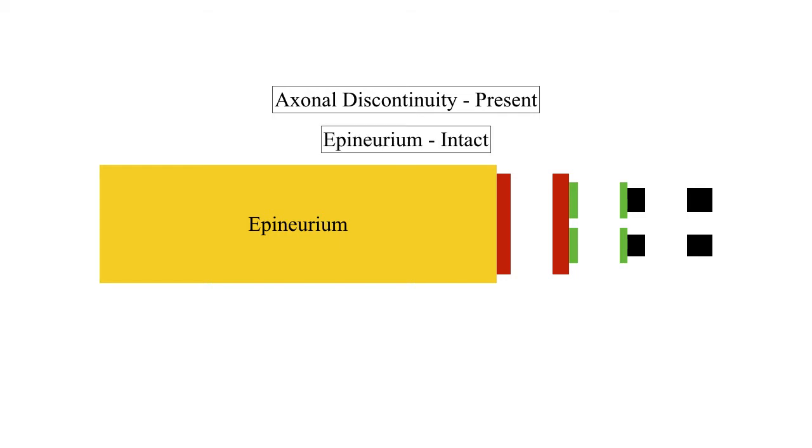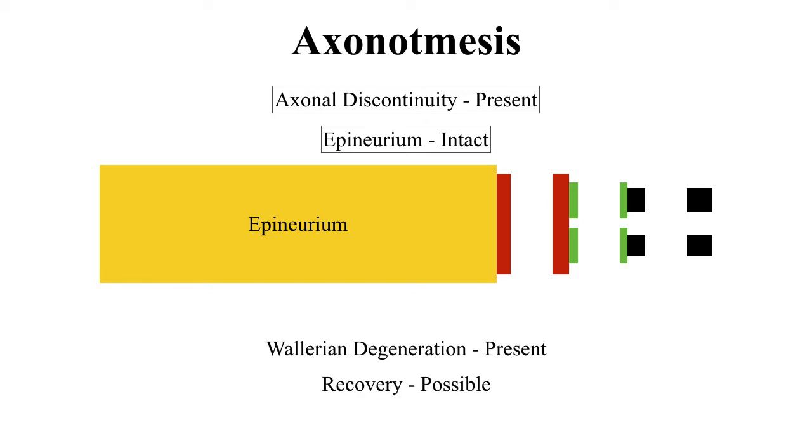So this type of nerve injury where axonal discontinuity is present but epineurium is intact is called axonotmesis. In axonotmesis, recovery is possible because the epineurium is intact and regenerative tissue can bridge the defects inside.